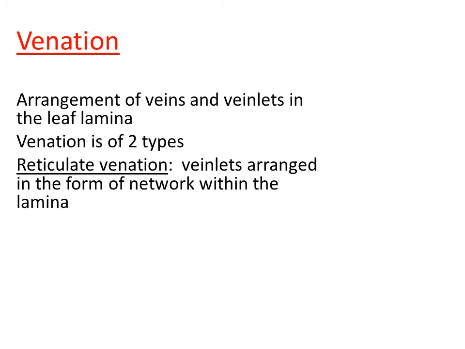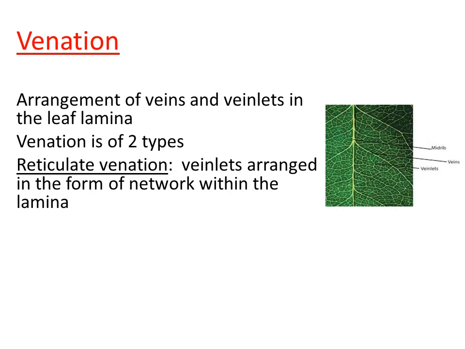Such an arrangement is called reticulate venation. Which plants show reticulate venation? Reticulate venation can be seen in the dicot plants. In dicot plants, the leaves show reticulate venation.